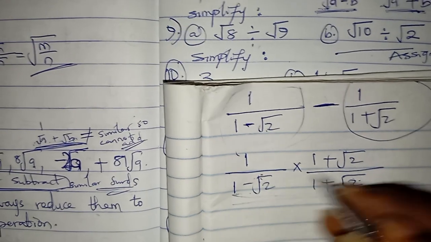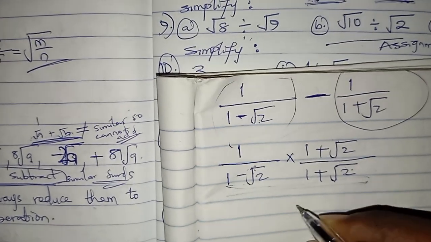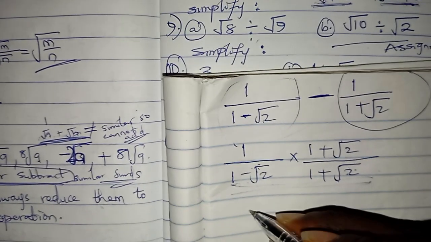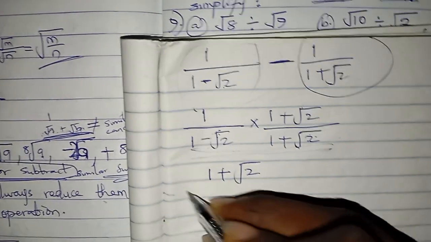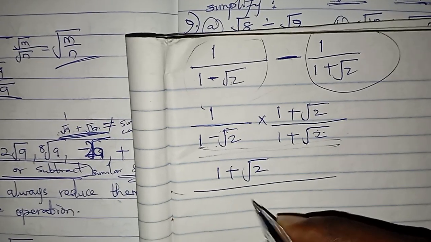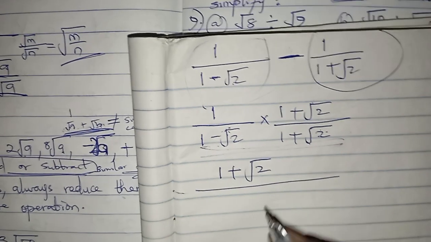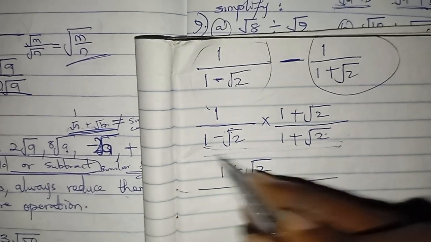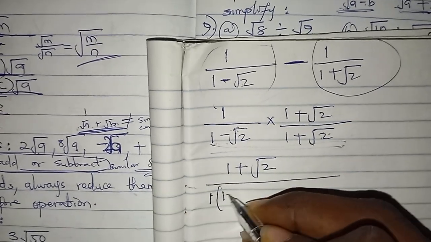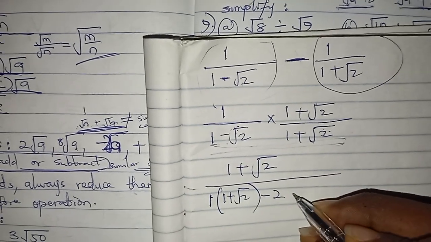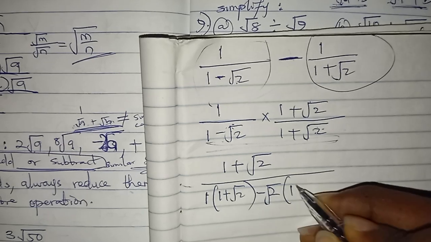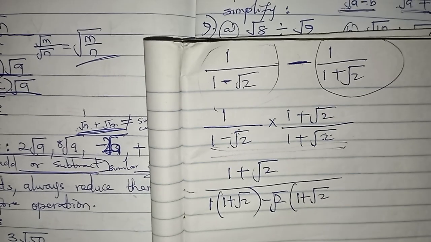So see that up here, anything times 1 is going to give me the same thing. So up here I'll simply have 1 plus root 2 all over. With time there's a trick I will teach you, but for now let's do it this way. 1 into 1 plus root 2 minus root 2 into 1 plus root 2.